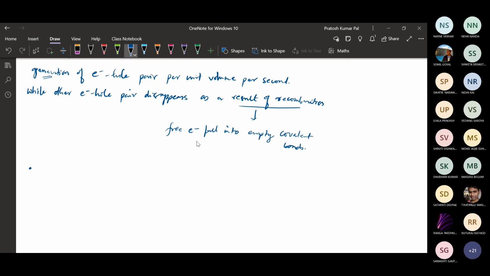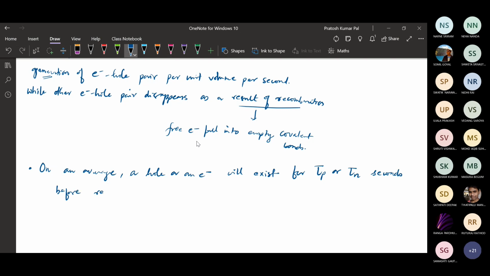So we can just write: on an average, a hole or an electron will exist for tau p or tau n seconds before recombination.